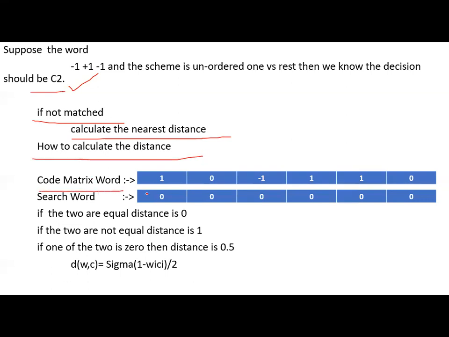Code matrix word 1, 0, -1, 1, 1, 0. Suppose such a word is 0, then all will be 0.5.